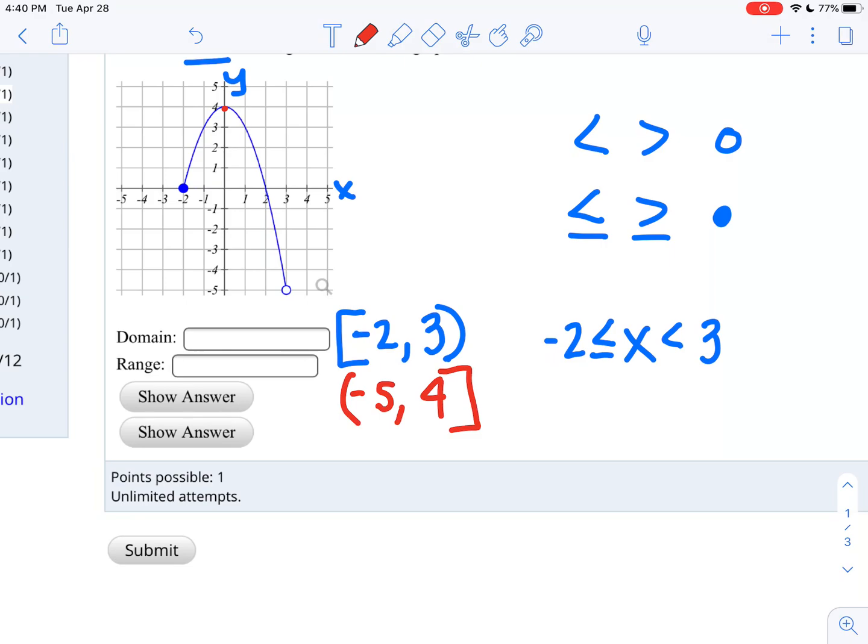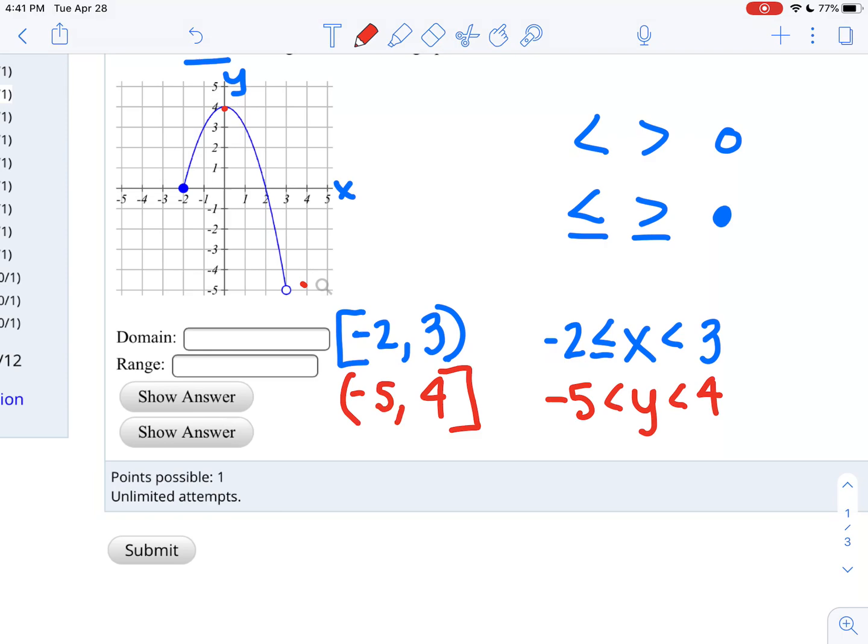Okay, and inequality notation, again, -5. This time it's y in the middle because we're talking about range. And you're always going to have the signs pointed like this, by the way. Always. Because this just says that y is greater than -5 and less than 4. So the signs are always going to point towards the left. You just have to figure out the equal to signs.